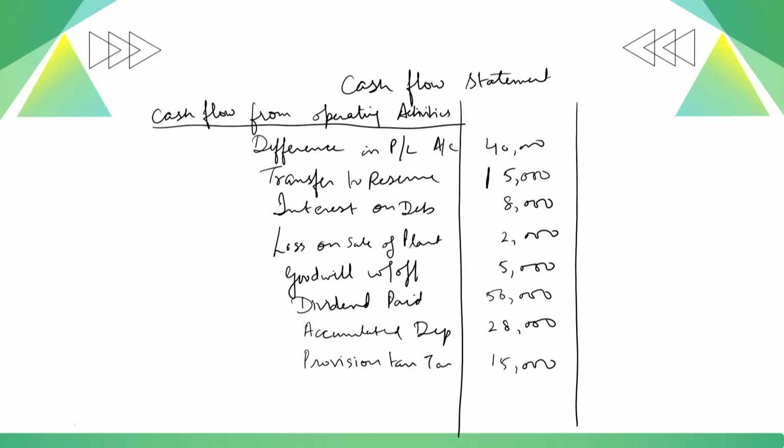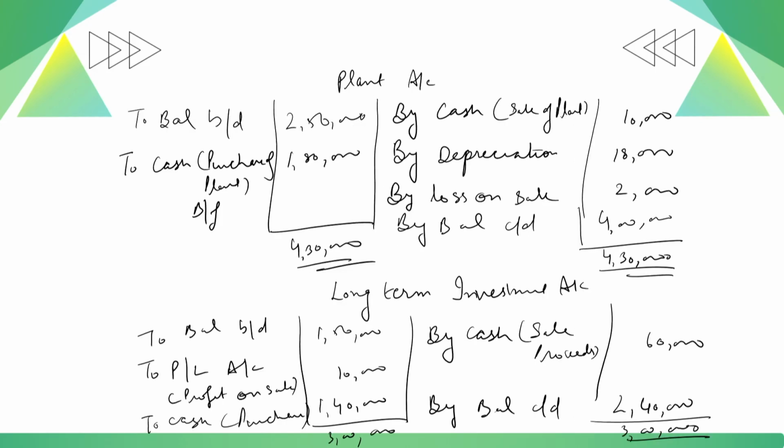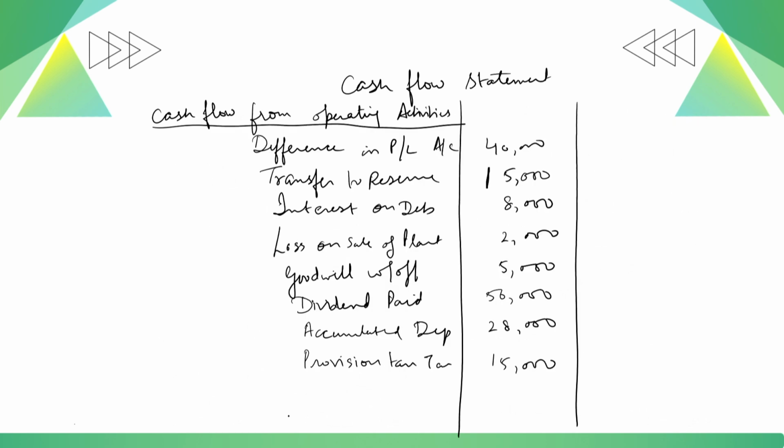that amounts to rupees 15,000. And then we have a sale of investment, and there was a profit on the sale of investment of rupees 10,000, but this is to be deducted.